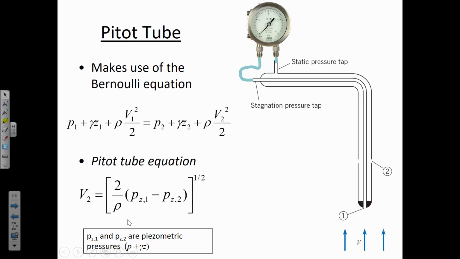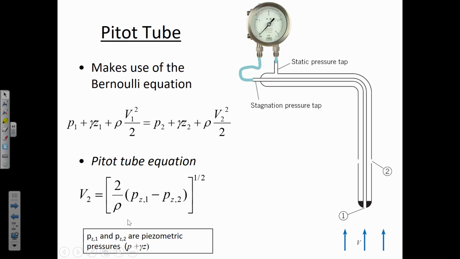And you'll notice here that we're going to measure the difference in piezometric pressure between 1 and 2. Now, piezometric pressure is just P plus gamma Z when we are wanting to know both the change in pressure and the change in elevation.